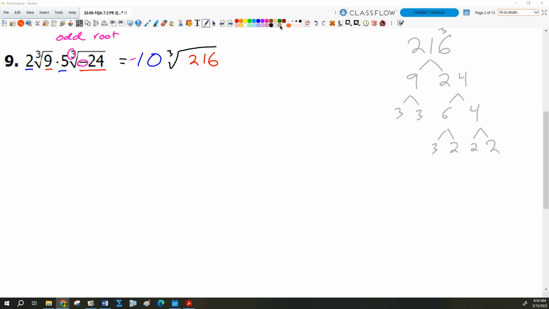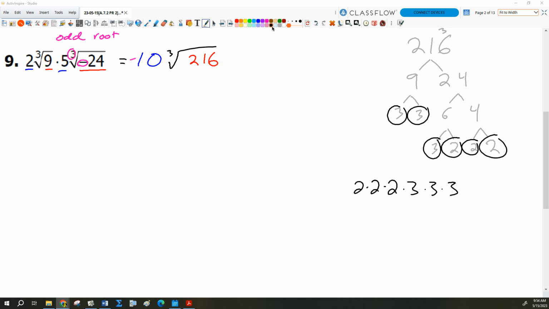Okay, so now let's do our trick. Whenever we're dealing with these higher roots or radicals, let's write our string out in increasing order of factors, right? So we've got this down to the point where we've got only prime factors, so we're done with our factor tree. Well, we start with 2's. I've got a string of 3 2's multiplied together, and then I've got 3 3's multiplied together.